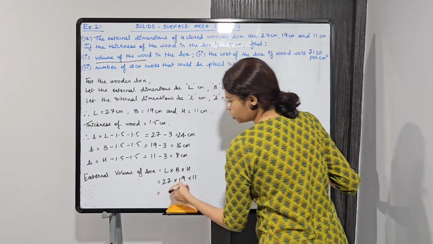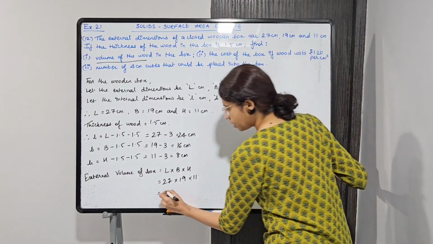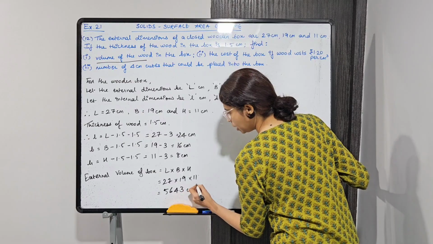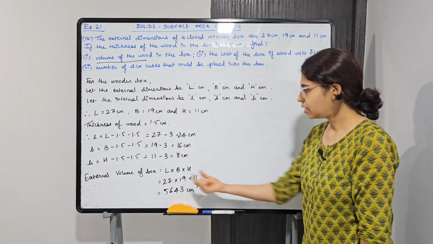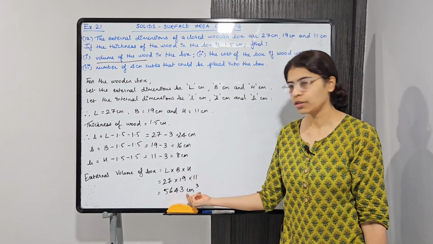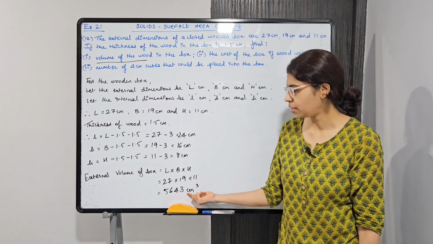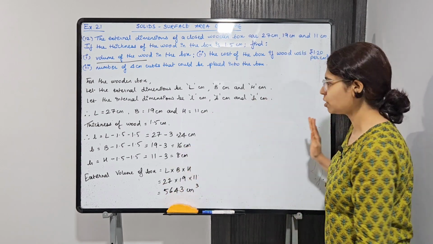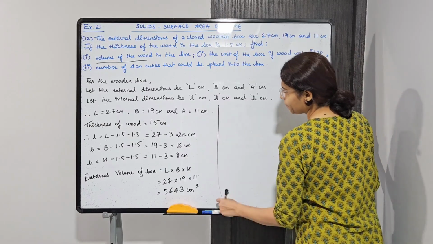So let's find the value. This will be 5643 cubic centimeter. 3-dimensional है, so cubic centimeter हो जाएगा. I have not done the working, I have directly found the answer in the calculator. Okay students, you have to do the working.